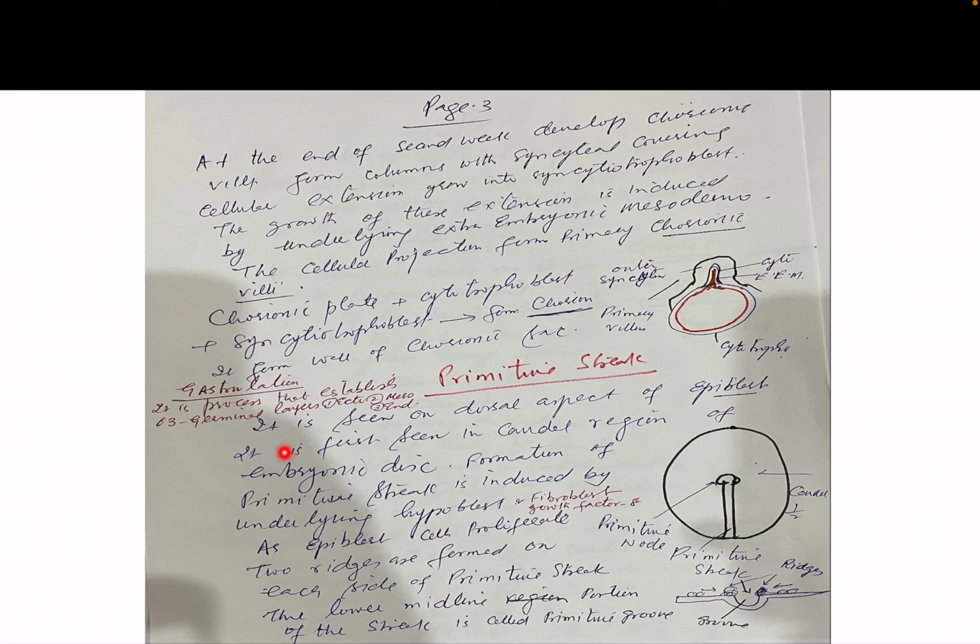In the second week, the inner cell mass becomes a double layer, epiblast and hypoblast, two layers. But when it changes into three layers, that is the epiblast, below it the mesoderm, and below that the hypoblast, three layers. That process is given the name establishment of three germinal layers.